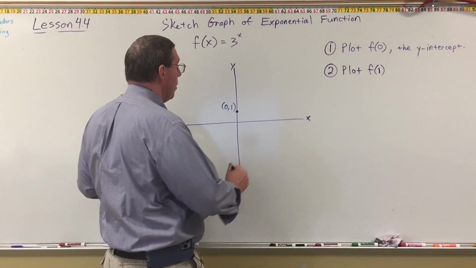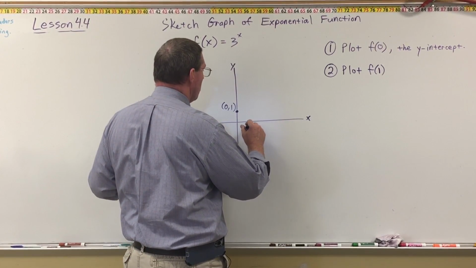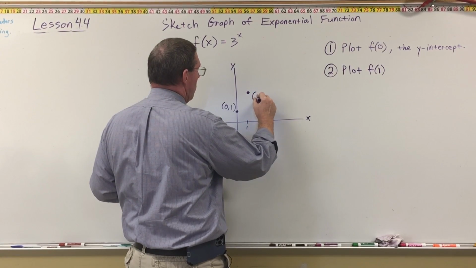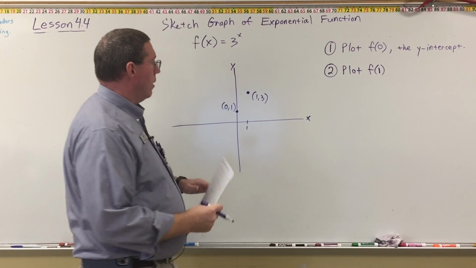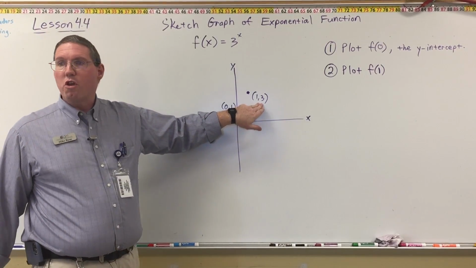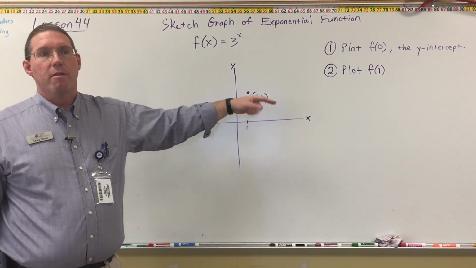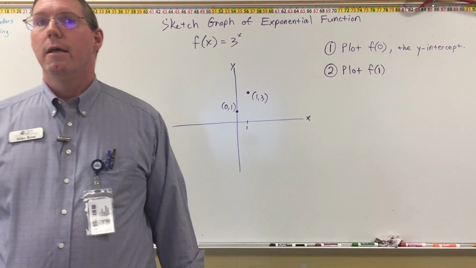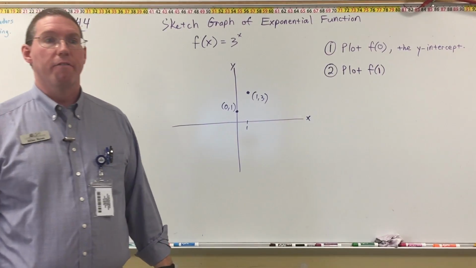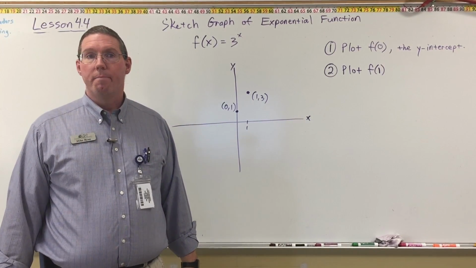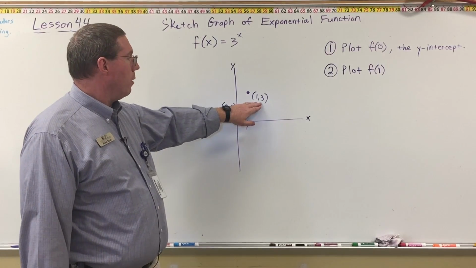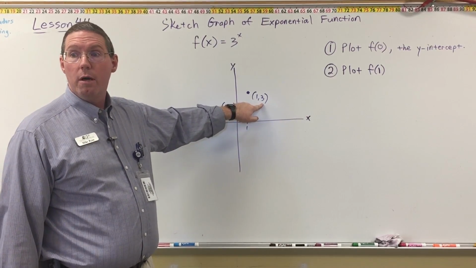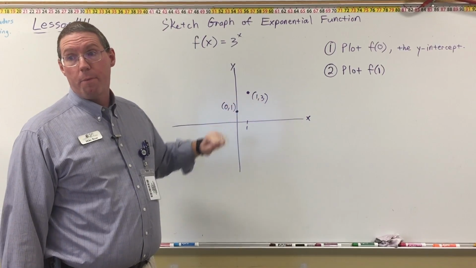So we wind up with the point 1, 3, which is maybe right about here. 1, 3, okay? And so here's the thing: if you saw one of these, and instead of passing through 1, 3, let's say it passed through 1, 8, then it would be 8 to the x power instead of 3 to the x power. Okay? So this coordinate where it's 1 comma some number tells you the base of your exponent.